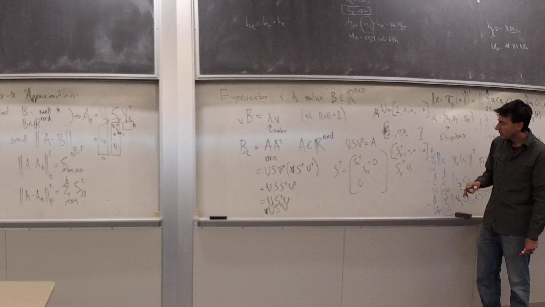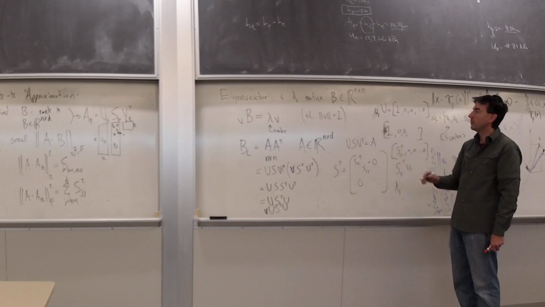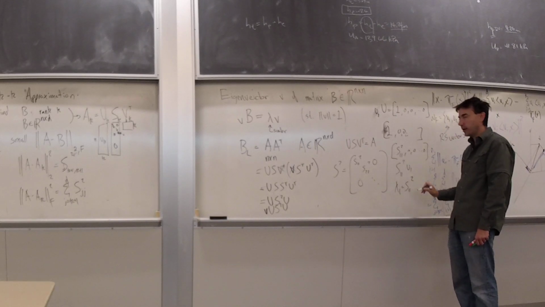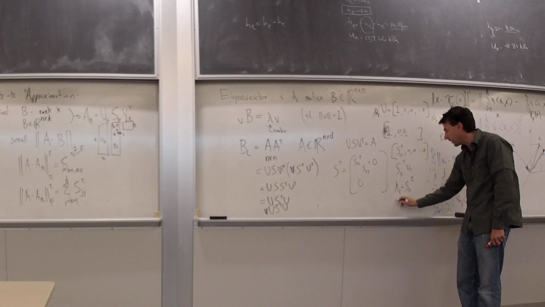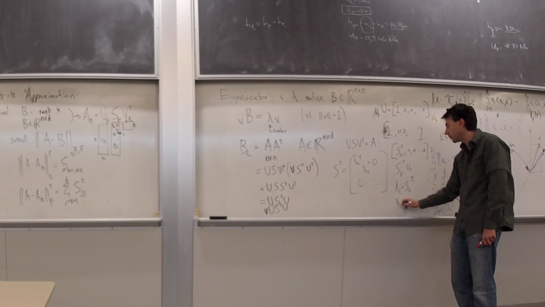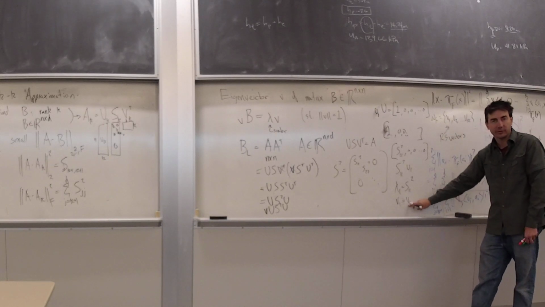And so what I get is that the first eigenvalue is going to be S11 squared, and the corresponding first eigenvector is going to be U1, the first left singular vector.